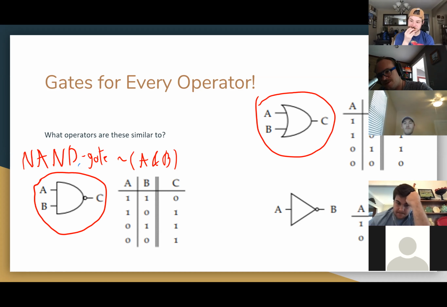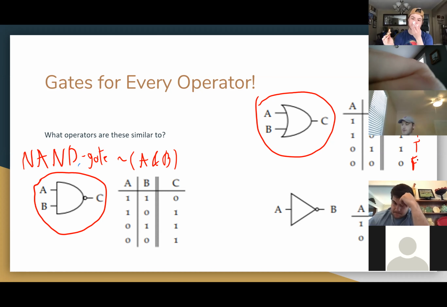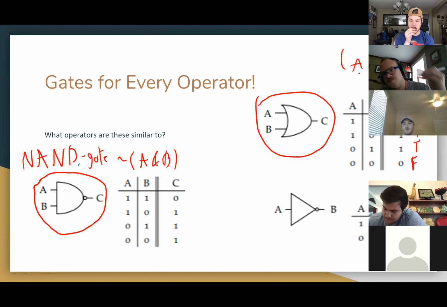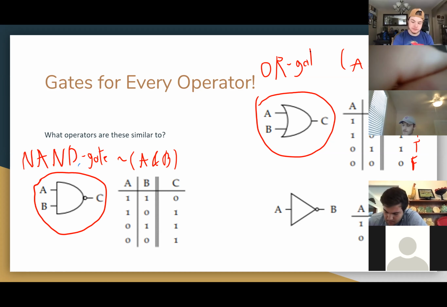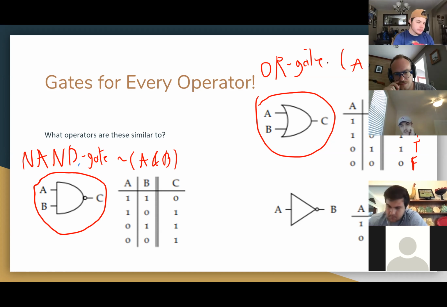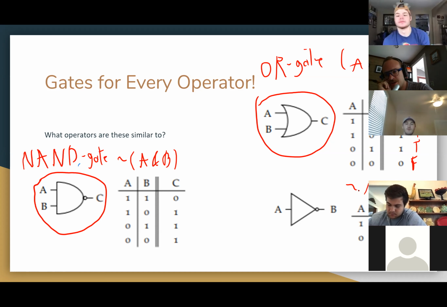So if we're going to turn the ones into trues and the zeros into falses, this would be similar to the disjunct. So this gate's called an OR gate. All right, and then this last gate is similar to the negation, and it's called a NOT gate.